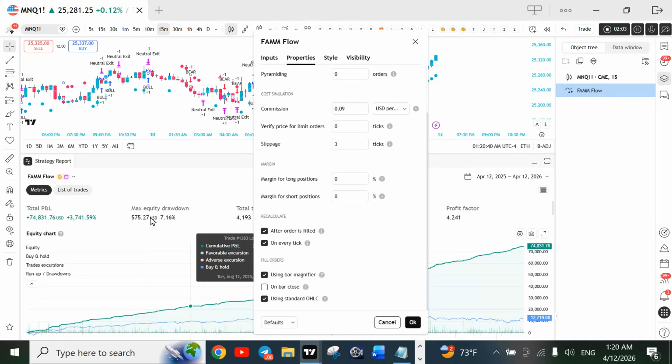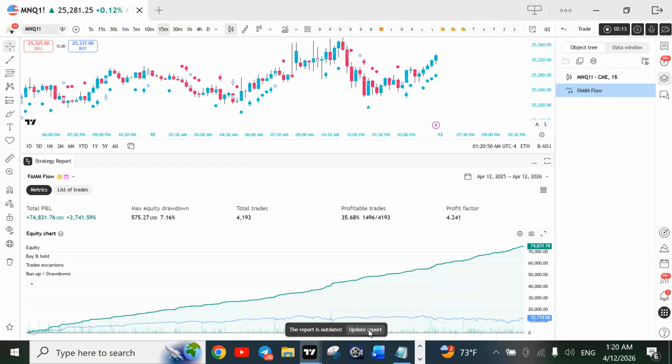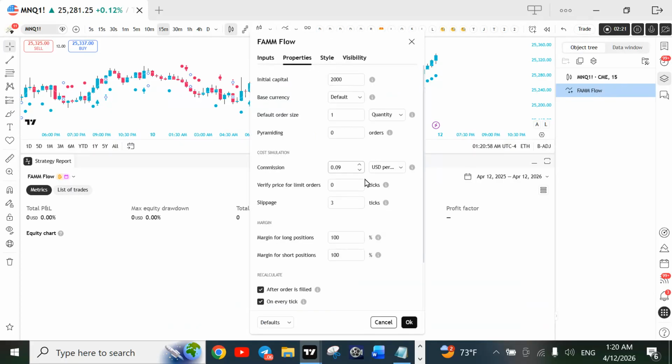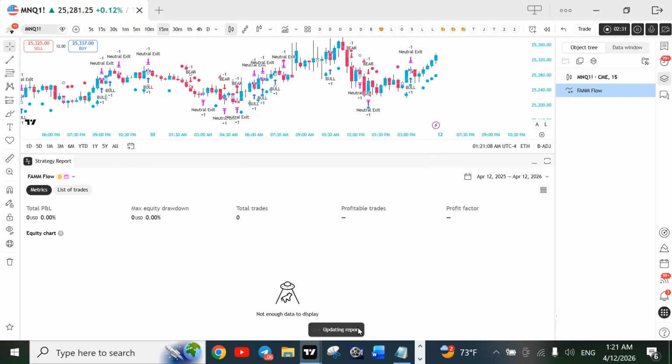Like if you don't see any data here, usually it's because this is on 100% like this. So when you see this, and usually it just comes just like that, right? And it comes like this, and you'll think it's an error, but just double click, go to properties, and make sure that this is on 0. Both of these are on 0. And then it'll come right back up.